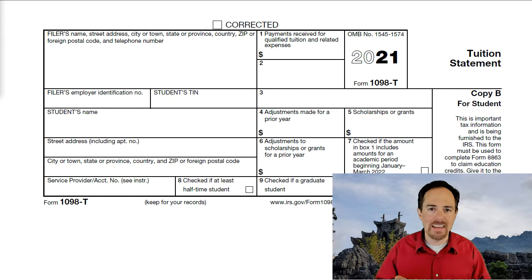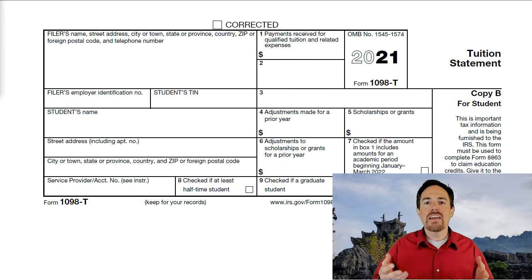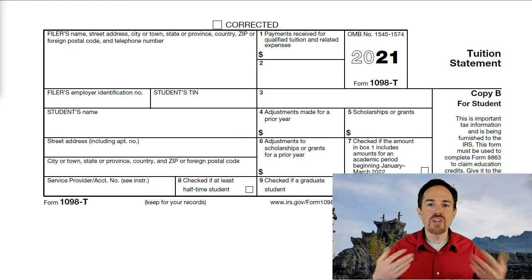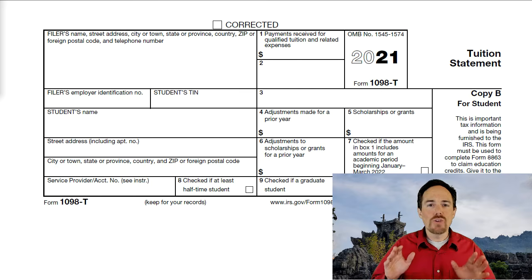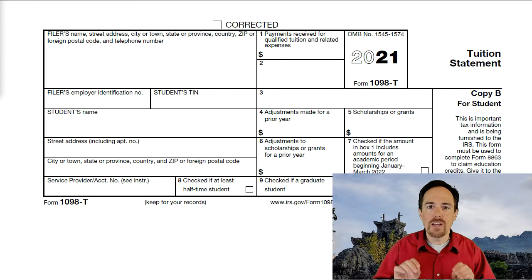You're going to have to log in and get access to your finances. You'll probably see some statements about how much you paid in tuition and so forth. And somewhere on that page, there'll be a link for tax documents or year-end statements or other documents like that. It may even just say Form 1098-T. That's what you're looking for. Find that year-end Form 1098-T and give that to whoever's preparing your taxes.